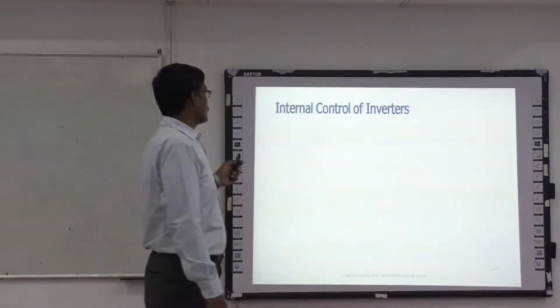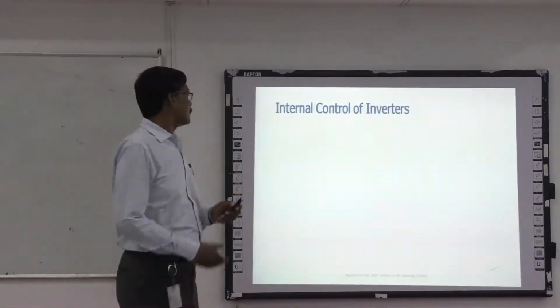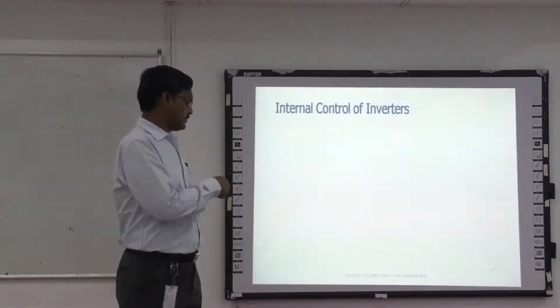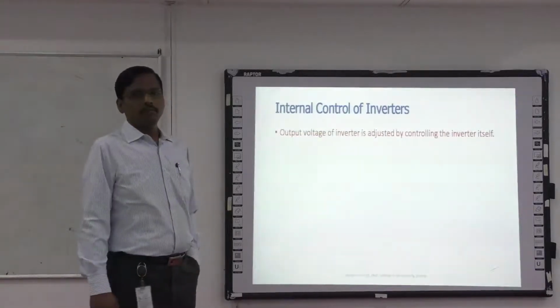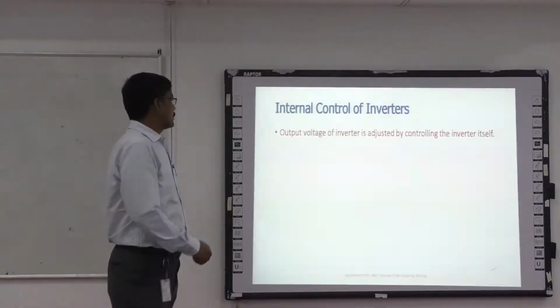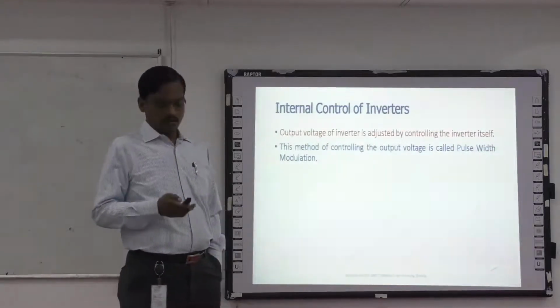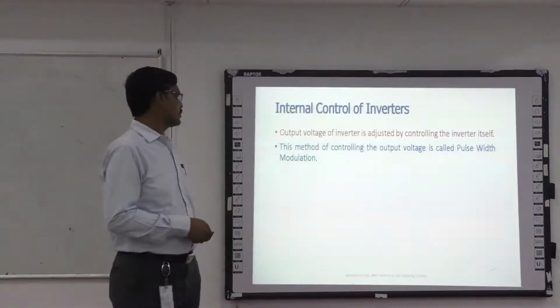Then the next method, which is most popularly used nowadays, is inverter control of inverters, that is, the internal control of inverters. Here we use a pulse width modulation technique, which is used to control the width of the output pulses, so that we can achieve the required level of output voltage.